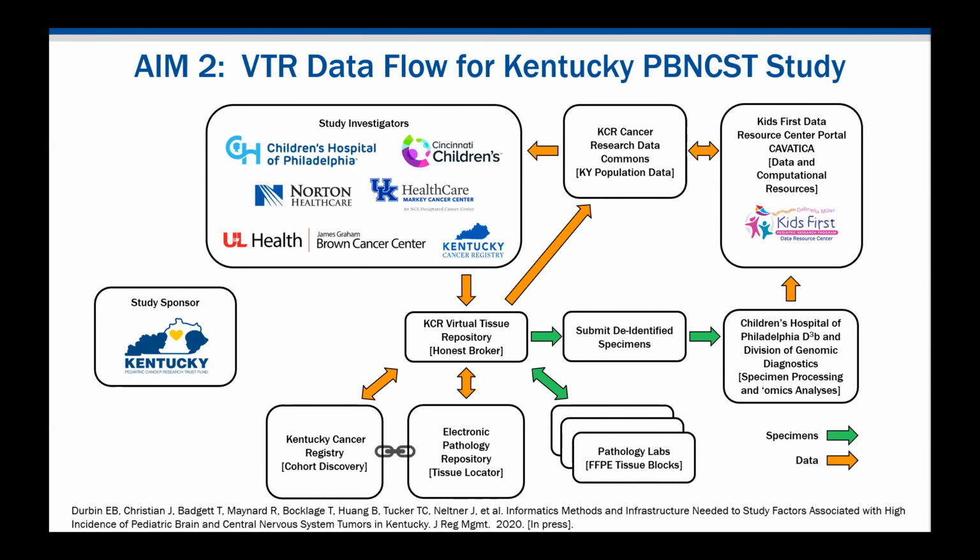With that information, we reached out to various pathology labs and requested their residual tissues, who then agreed and sent those specimens to the VTR. We de-identified those specimens and sent them on to CHOP in the D3B group, who performed the sequencing. The data from sequencing is flowing into Cavatica and then available to our research team and others.